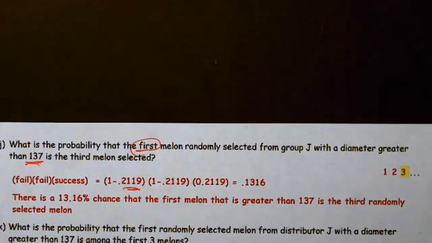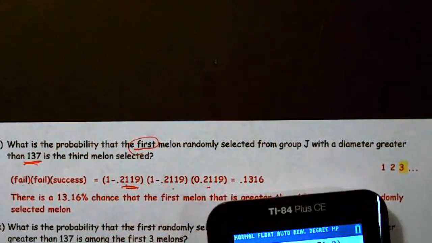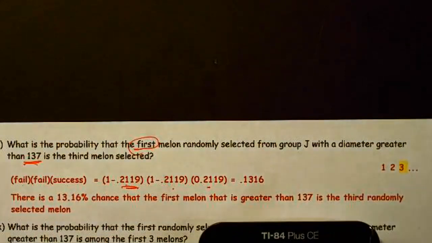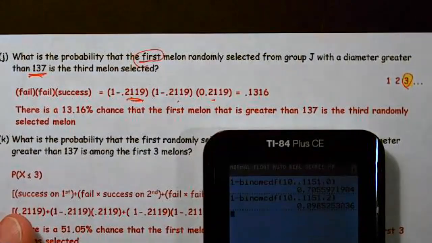Here they use the word first. First melon randomly selected from group J with a diameter greater than 137. As soon as they say first, I think geometric. In this case, I'm going to need a fail on the first, a fail on the second, then a success on the third. So here's my success. These represent my failures. On a calculator, because I'm looking for one specific value, this makes it a geometric PDF.